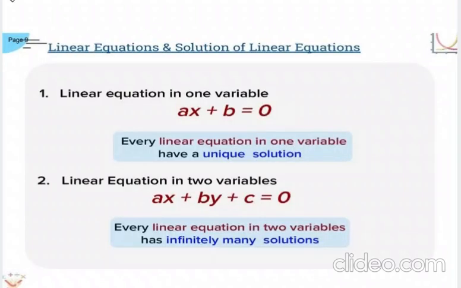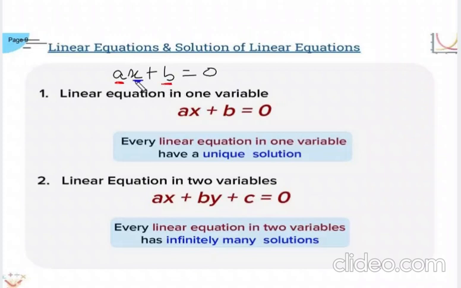So let's see here. When I talk about linear equation in one variable, it's very easy. As I said, it can be written in the form of ax plus b equals to 0. As simple as that. What is a and b? This a and b are real numbers, and x is my variable.